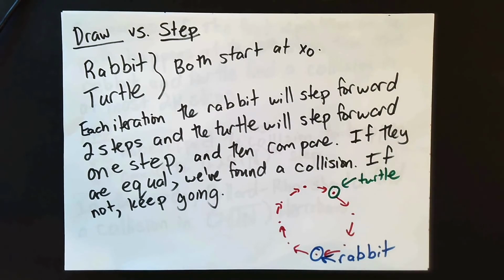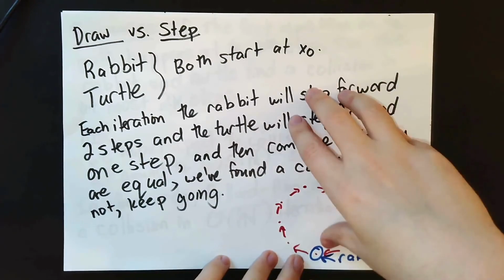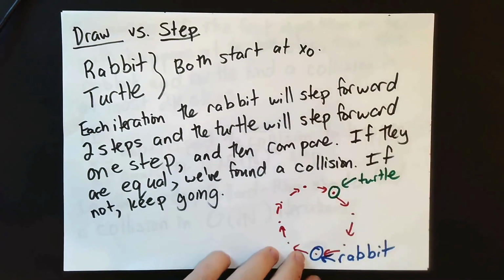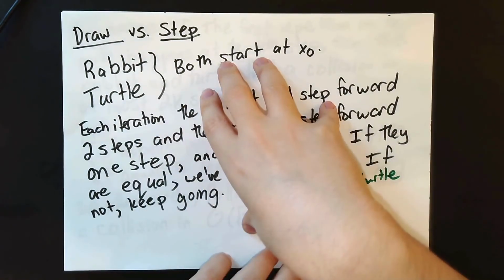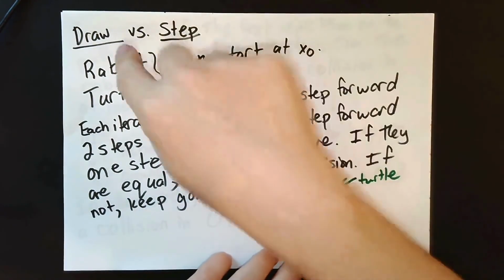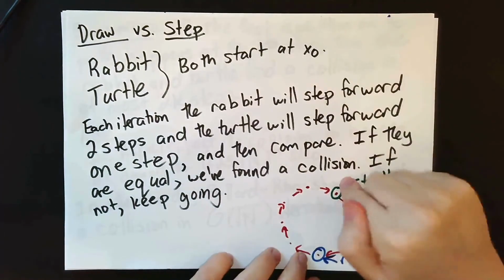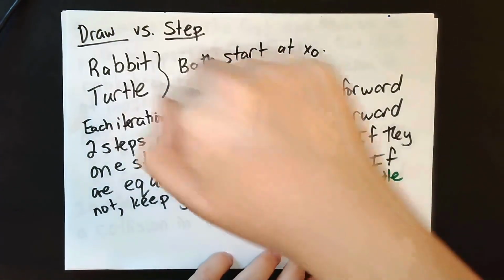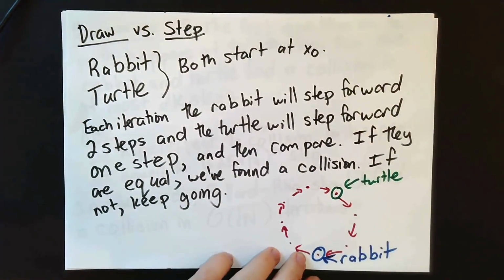In other words, our problem was that as the algorithm went on for longer, every iteration of the algorithm took longer than the previous one. That is not true with the Pollard rho algorithm. Every iteration here is exactly the same. 2 steps for the rabbit, 1 step for the turtle, 1 comparison. 2 steps for the rabbit, 1 step for the turtle, 1 comparison, and so on.